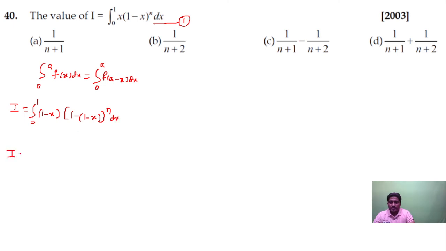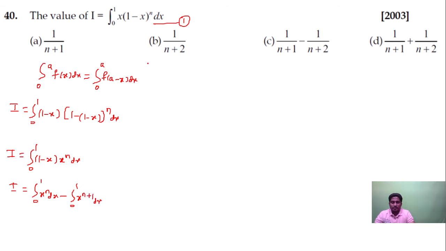If you open the bracket, this is 0 to 1, (1 minus x) times x to the power of n dx. Now this can be written as I is equal to integral 0 to 1 x to the power of n minus integral 0 to 1 x to the power of n plus 1.